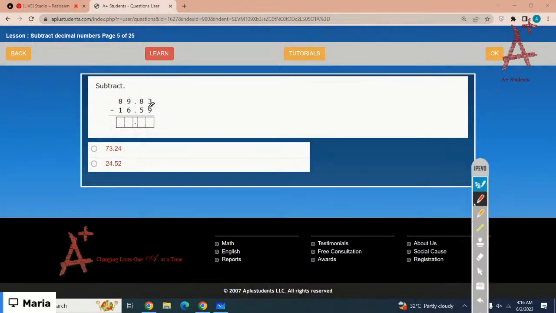You cannot subtract a greater number out of the smaller one. You have to borrow 1. Makes 13. 13 take away 9 is 4. Then you have 7. 7 take away 5 is 2. Then you have 9 take away 6, that would be 3. And then 8 take away 1, that would be 7. So the correct option is 73.24.